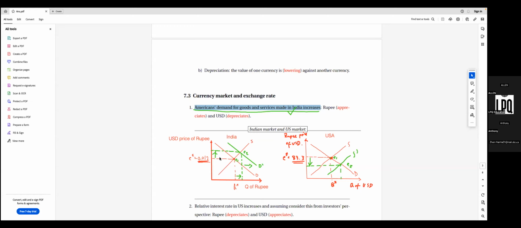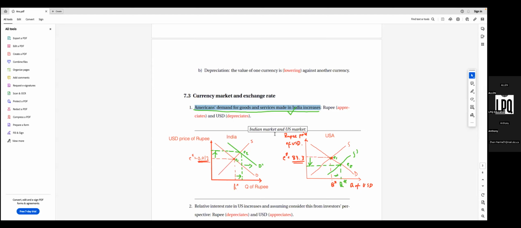But the quantity exchanged also increases. Once again, I'm not doing two different graphs or two different markets. These two graphs are the same market, the same reason. We just have two different perspectives. It really depends on who you are. You can be India, you can be American.